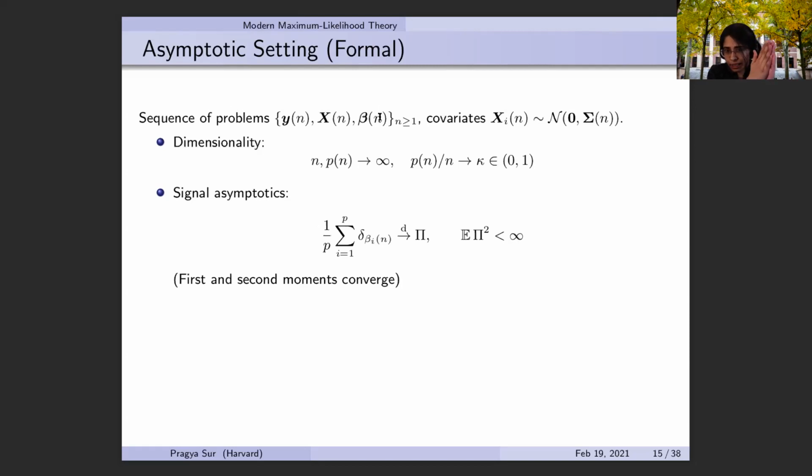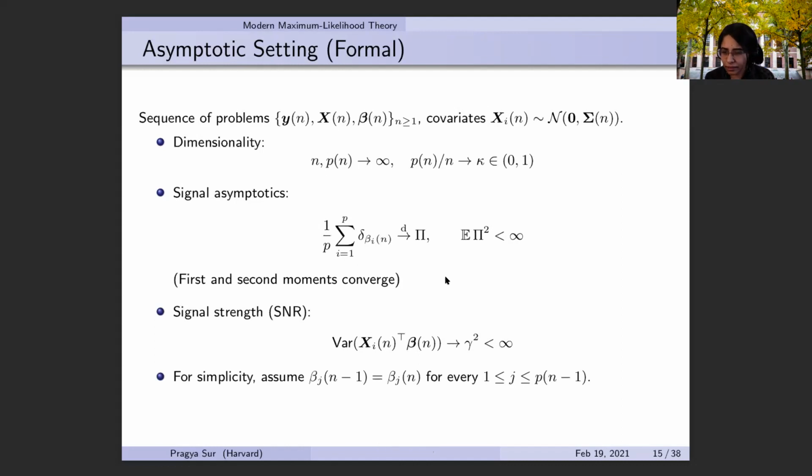If you look at the sequence of signal vectors, that is the deterministic sequence of vectors, and look at their empirical distributions, we assume that this sequence of empirical distributions converges weakly to some distribution that has a finite second moment. That's a bit of a technical condition, and this includes a lot of sparse as well as dense signals, but we do need it. The other thing I'm going to assume is that the variance of the SNR remains finite in the limit. So the variance of the log odds converges to something.